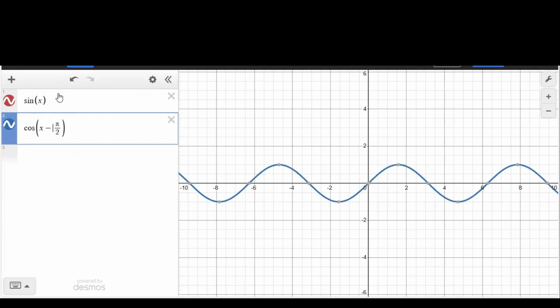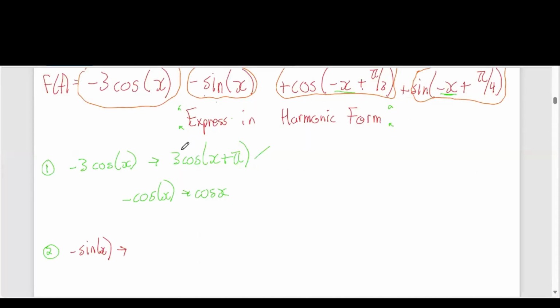So now what we learn is that sine x is the same as cos x minus pi on 2. So write that down: sine x is equal to cos x minus pi on 2. That is something important.